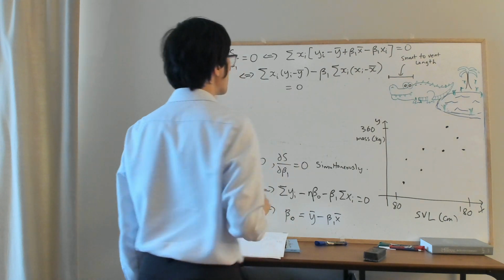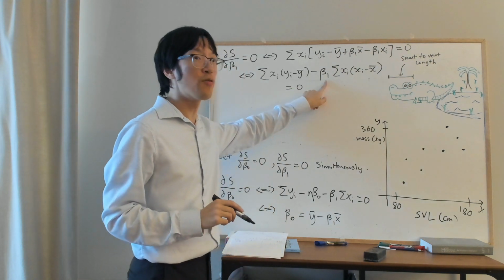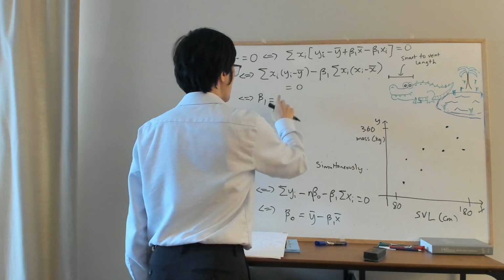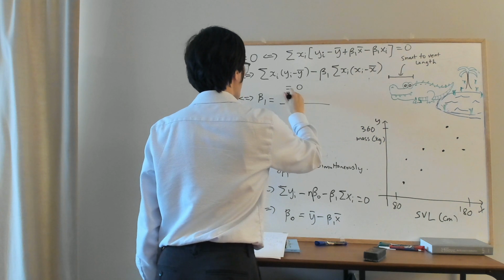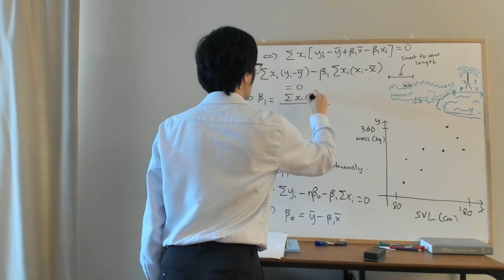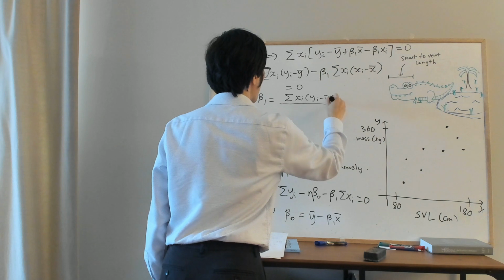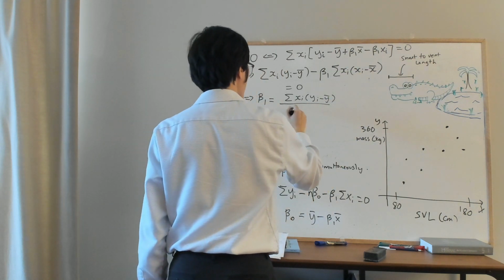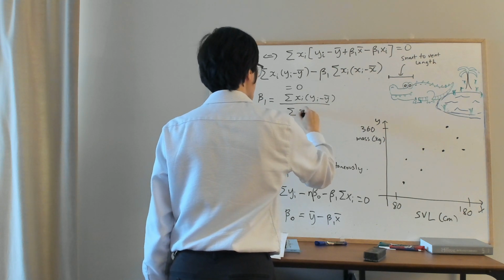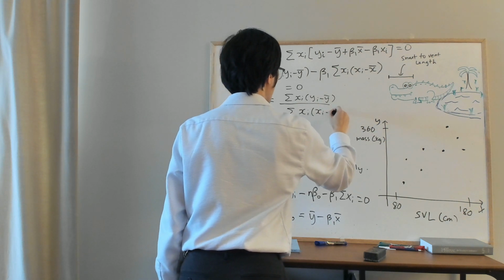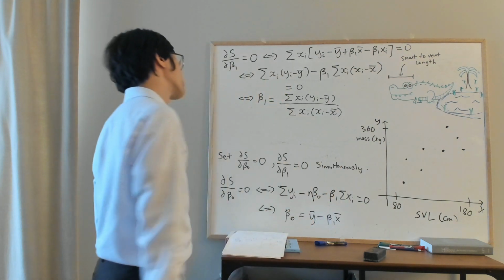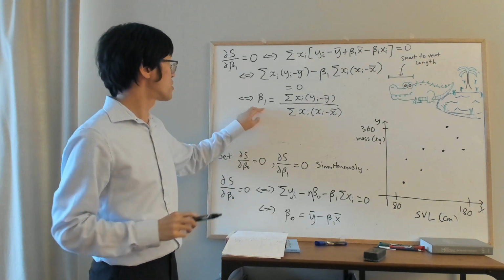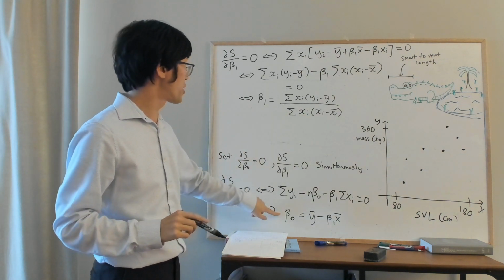All that is 0, and so from here we see that we can solve for beta 1 by rearranging. So beta 1 is to take summation xi (yi minus y bar) and divide it by this term next to the beta 1, summation xi (xi minus x bar). And so these provide the solutions for beta 0 and beta 1.